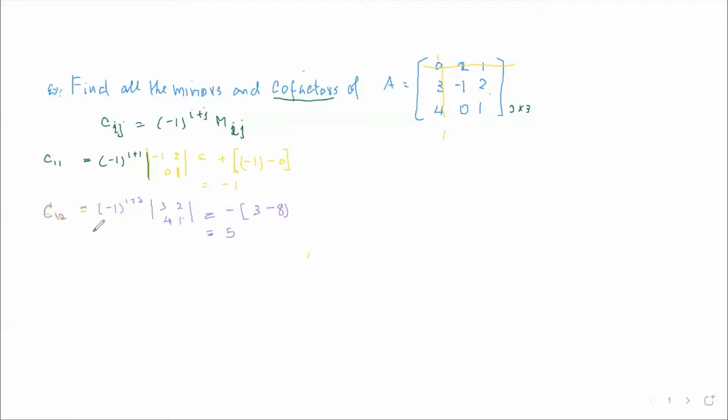You keep doing this until you get C13. Then the first row is finished. Then you go to the second row, so C21, C22, C23.